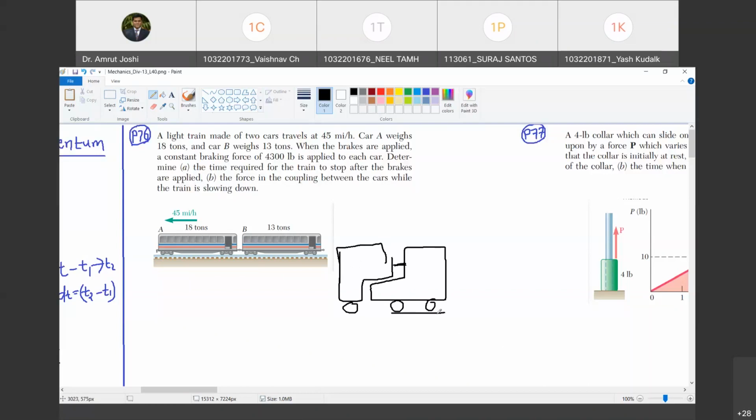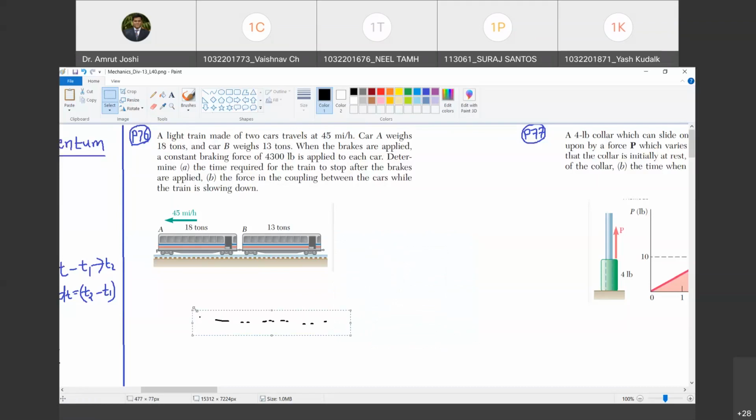We had also calculated the force between the coupling, but at that time the question was how much distance the car and trailer travel just before coming to rest. So their distance was asked, and therefore we followed the work energy principle.